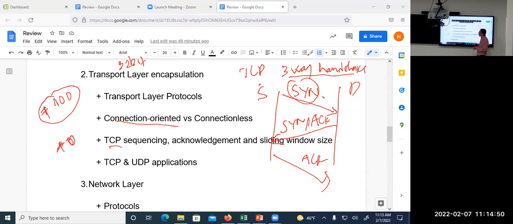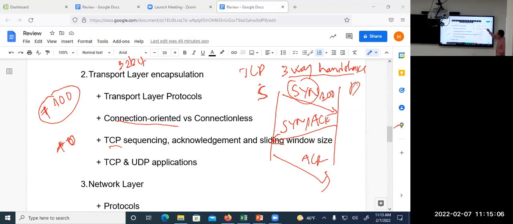Now, at the beginning, this guy wants to start the transmission. He generates the random number 100. I want to start the connection, and I start from 100.